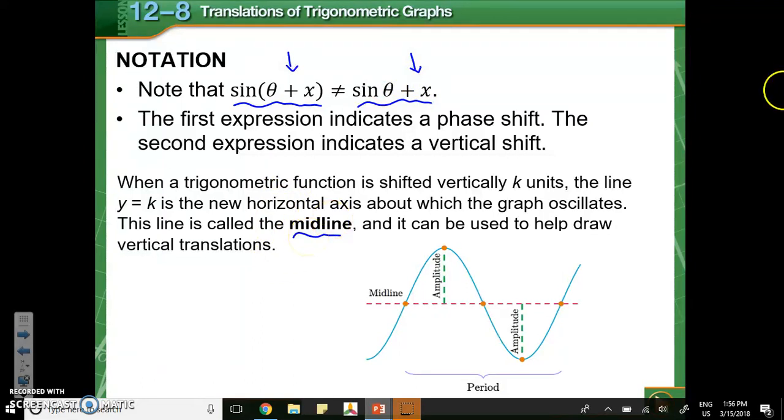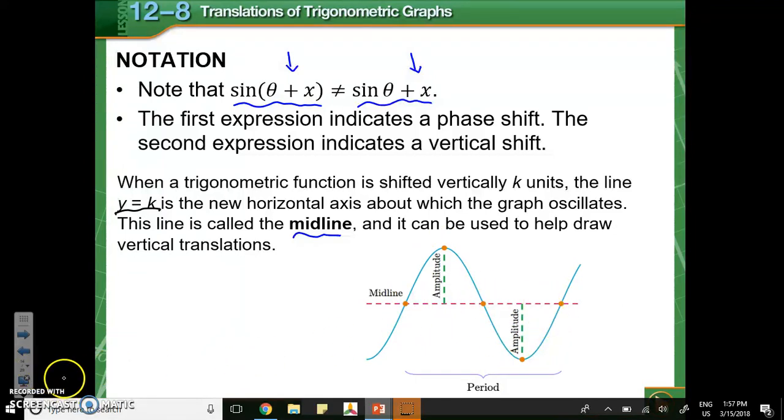Midline, remember that's one of the words you were supposed to be on the lookout for in this section. When I shift vertically my trig function, this line y equals k is my new midline. The midline is the horizontal axis that my graph is oscillating around. So here, if I have a sine or cosine function, it goes up to the amplitude above the midline and below, right?